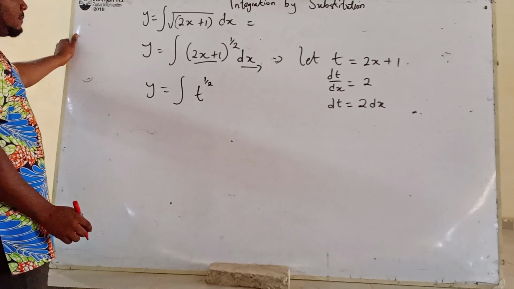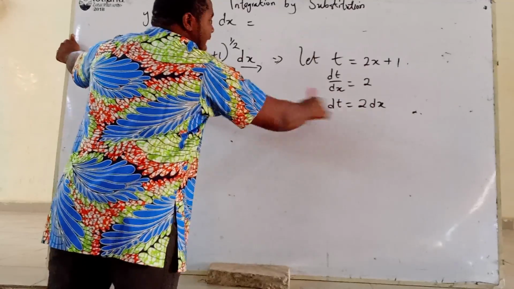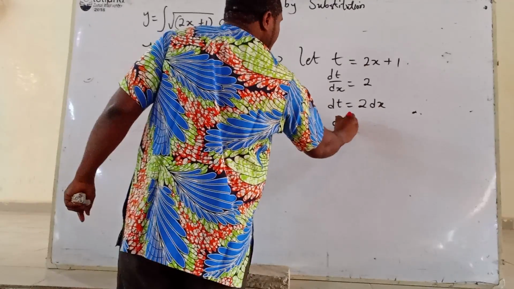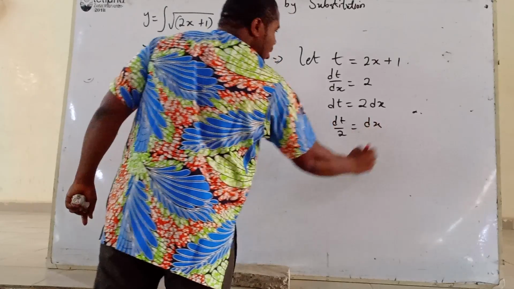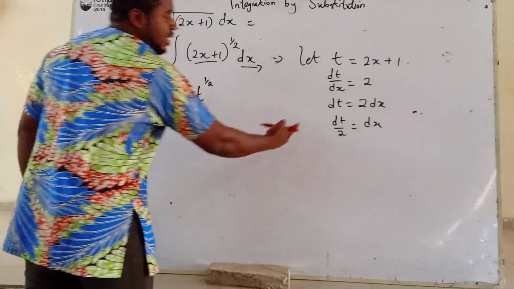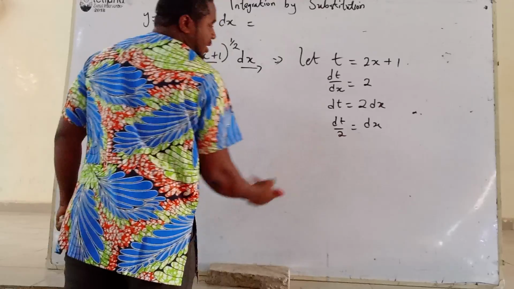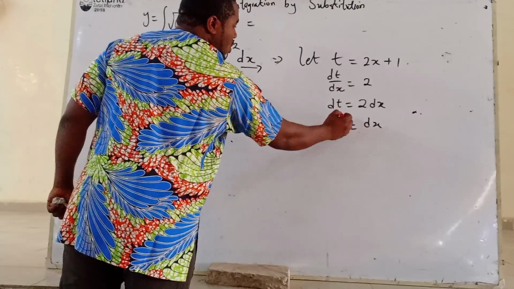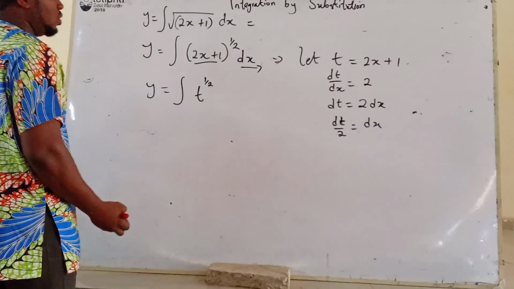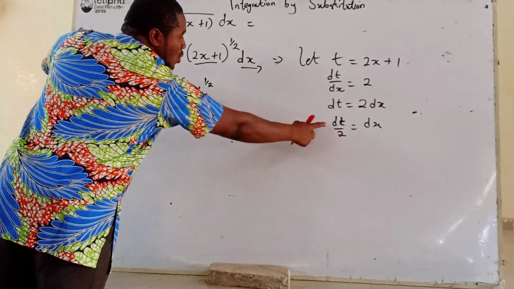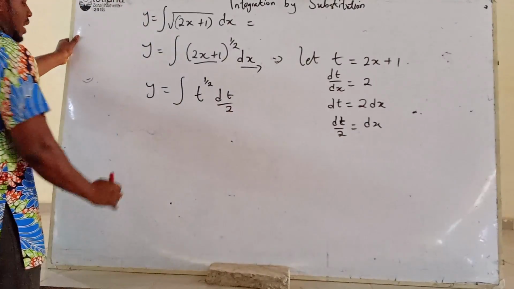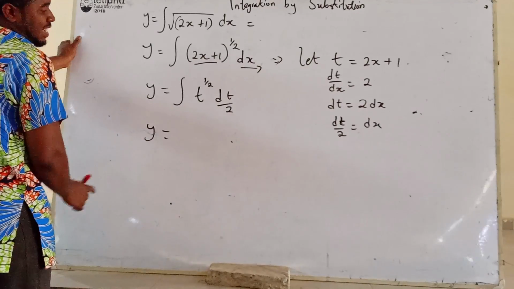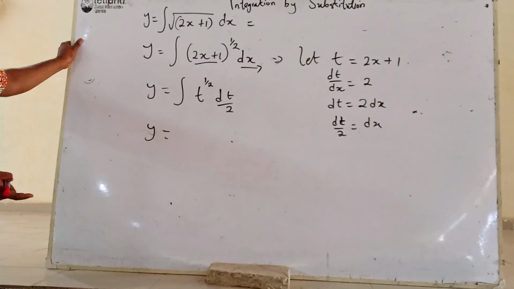From here, I can even get dx: dt upon 2 is equal to dx. See now, dt is equal to 2 dx, which means dx is going to be dt upon 2. So instead of writing dx, I can put dt upon 2.